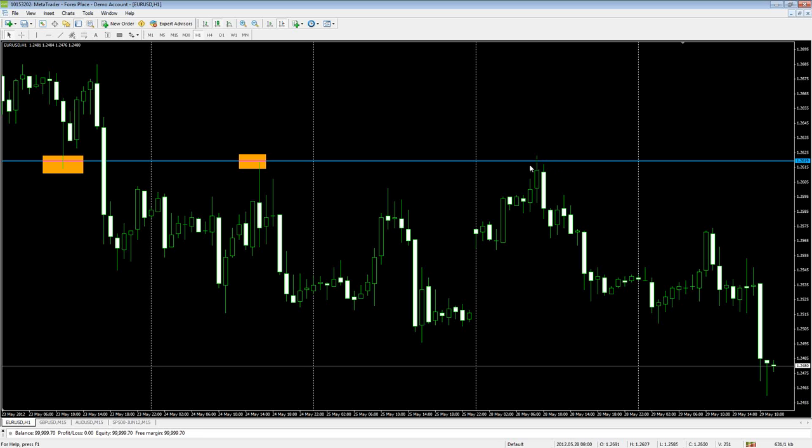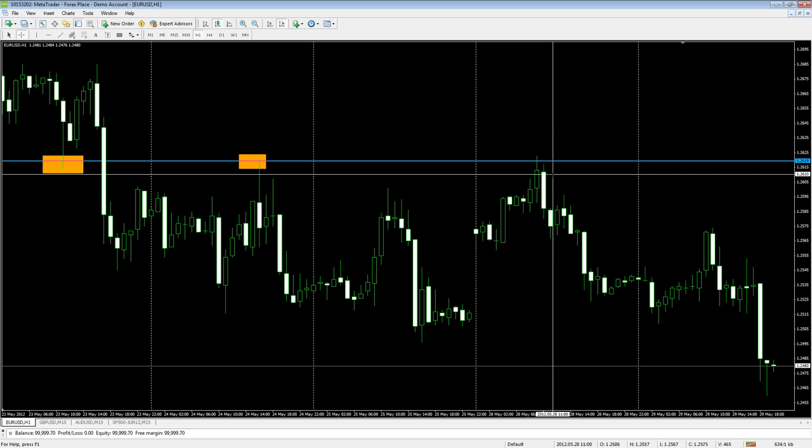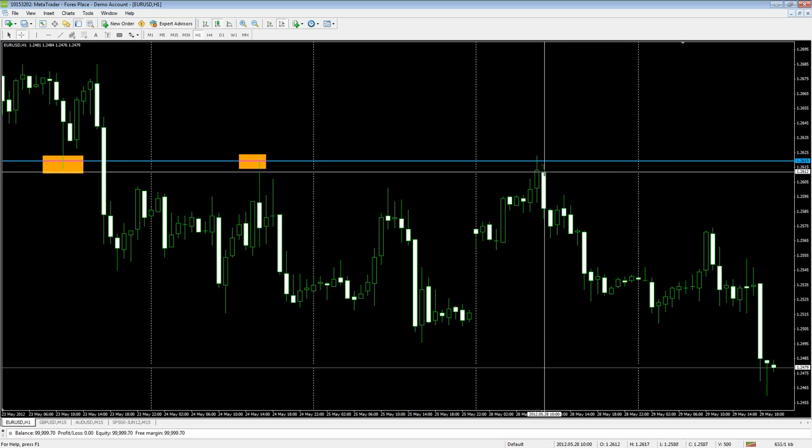Okay, and you can see here that entering around where this candle closed, or just very close to this resistance area, these are ridiculous stop losses, really close, somewhere between 15 and 20 pips. That's not much, and the reward can be significant.